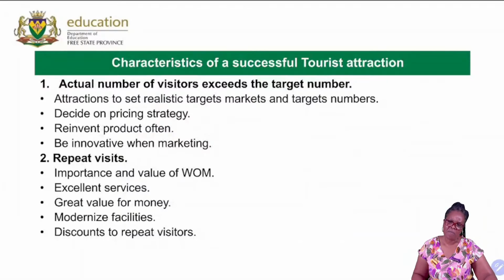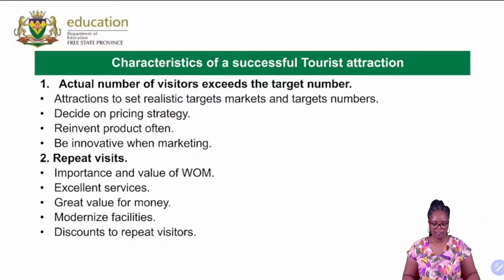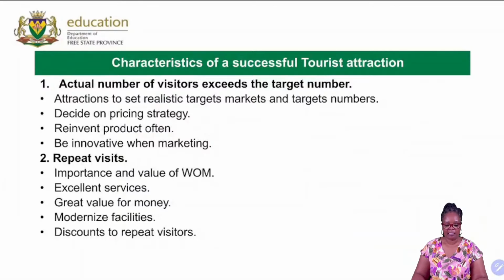Because if you have many people in one place, they tend to destroy things. You cannot control them. That's why I say they need to set realistic targets, this number of people per day, the number they will be able to control. So we'll say that it is a successful tourist attraction.